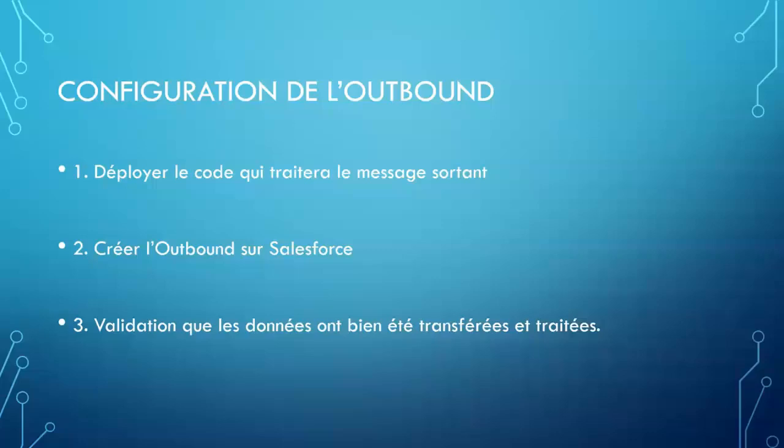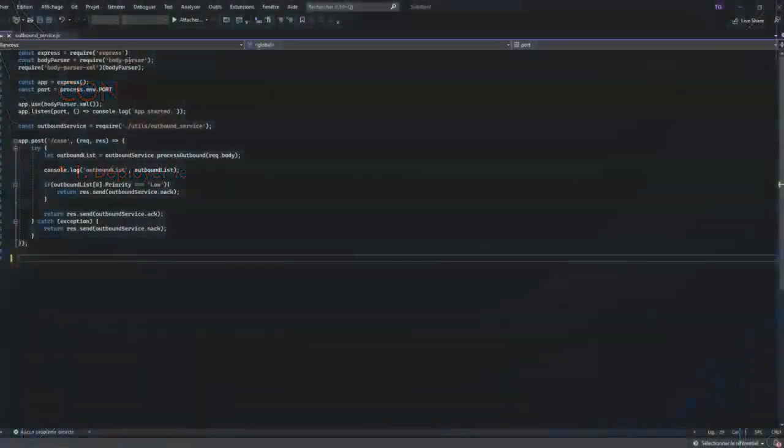Now, let's look at the code that will allow the Heroku application to receive outbound messages in XML format and convert them to JSON. What we see first are the Node modules required for this application. The body parser is what will analyze the body of the message. The XML body parser will check if the file is an XML.